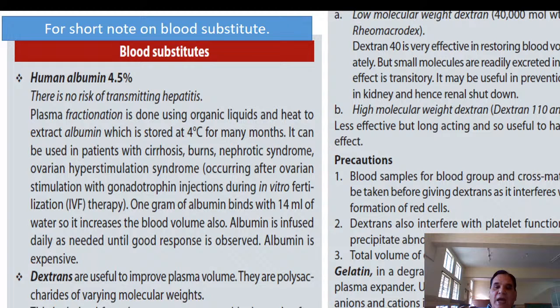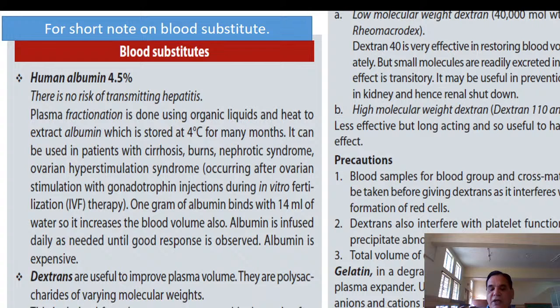Another type is gelatin. It is made in the laboratory, that means synthetic. It is used as a plasma expander, and the trade name is Hemacil, very commonly used. It is less effective than dextran, but it remains intravascular.